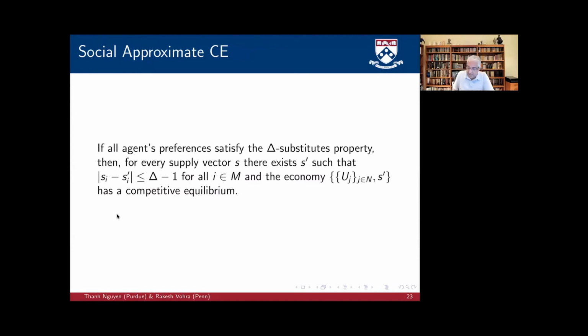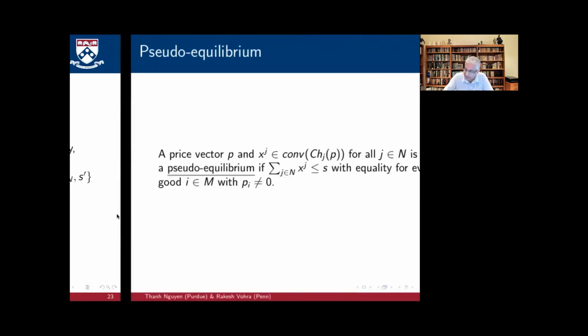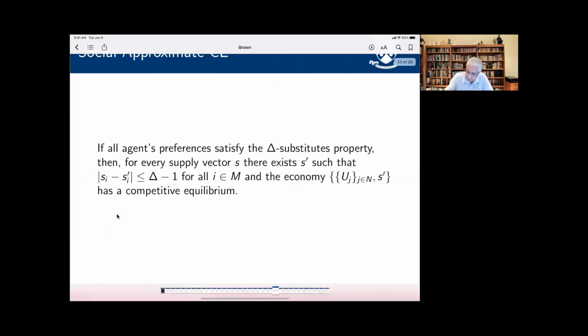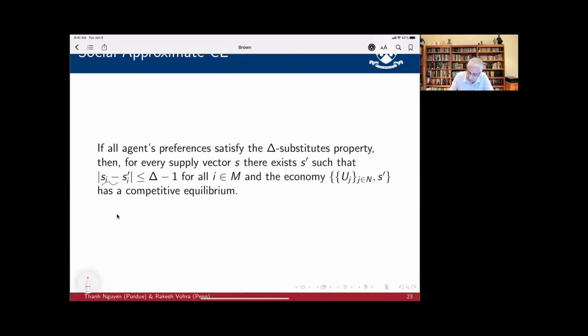That perturbation differs from the original supply vector in each good by at most delta minus 1. And we can guarantee a competitive equilibrium with respect to s prime.